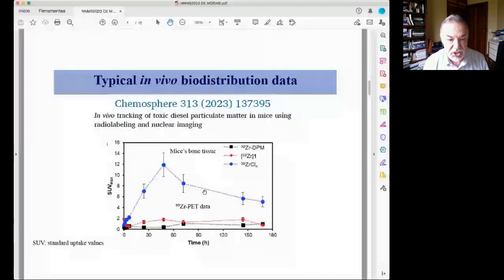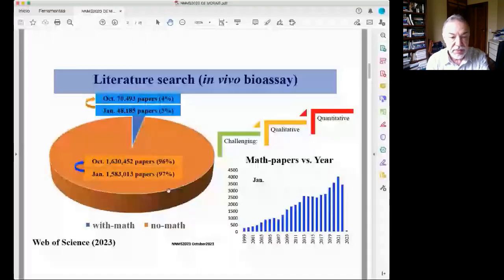And to this day, people are using only a sort of qualitative analysis of the data. So it was very good news looking at the previous slide, where we could see that the number of papers using mathematical models is increasing as a function of time too. It jumps about 1% in less than 1 year.